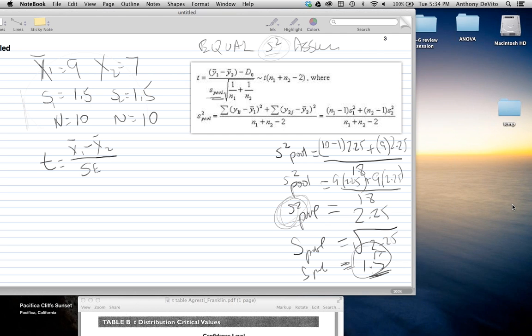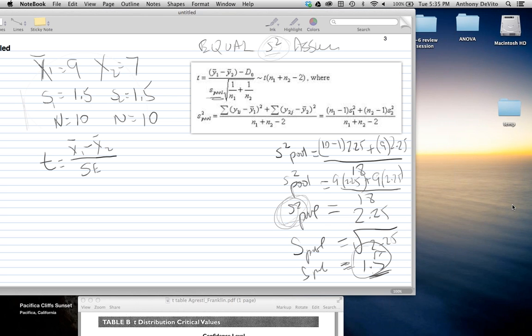In the equal variance case, we're going through an extra step to take advantage of an assumption that both populations have the same variability, and then combining those numbers rather than depending on one and the other's different values, so I get a single standard deviation for both populations that's more accurate than if I had just sampled one and sampled the other separately and assumed that they were different.